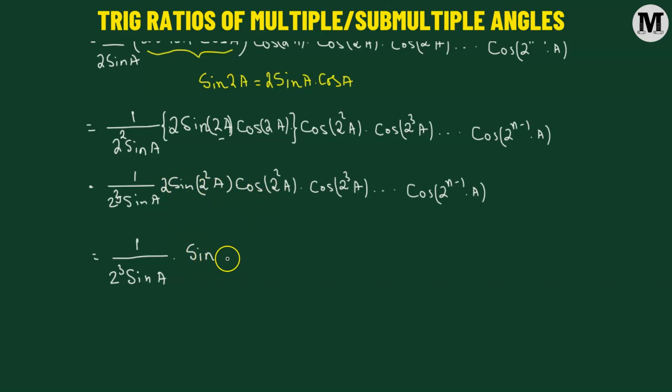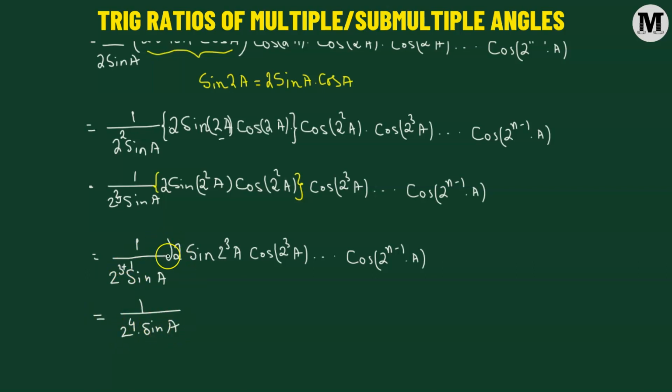That will become sine 2 times 2 squared A, and 2 times 2 squared A is nothing but 2 cubed A.